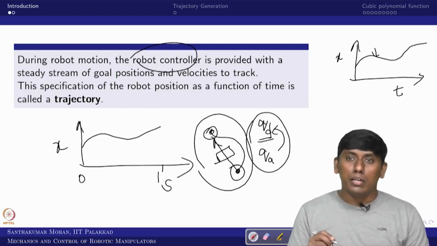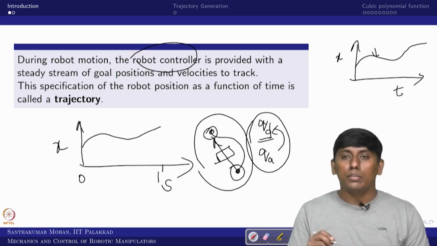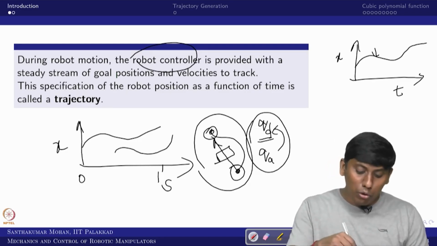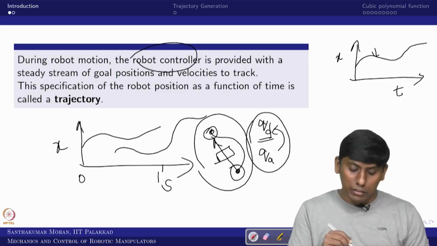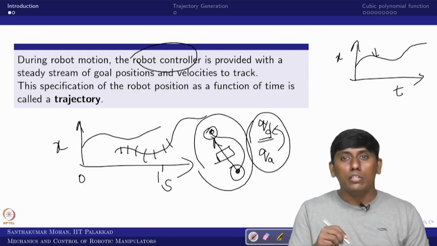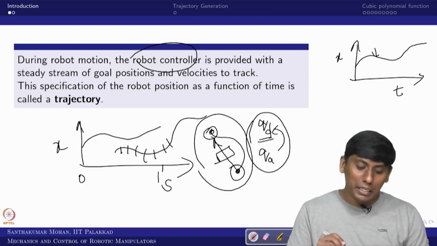Whereas if you take a milling machine, or you are trying to draw a diagram, then you have to follow a certain manner, and each and every time instant would be defined. So that is the point we are bringing here.